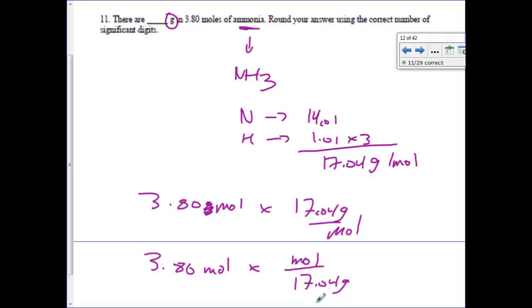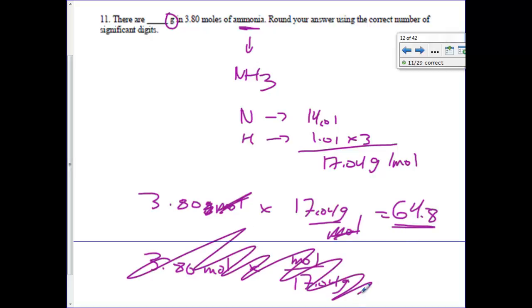This one, it's the top one that's right, because here the moles will cancel. So when you multiply these numbers by each other, you get 64.8. Is that the answer? 64.8.